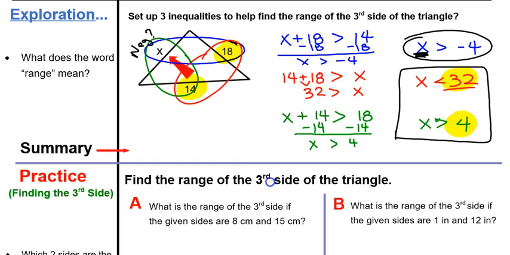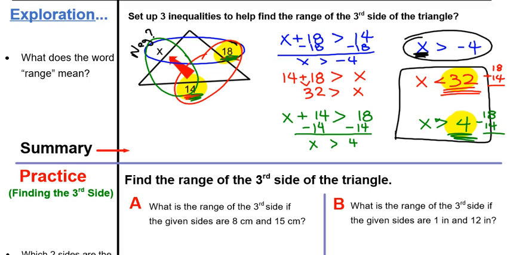If you notice, 32 is the sum of 18 and 14, and 4 is the difference of 18 and 14. So really, to find the range of the third side, all you need to do is add and subtract the two numbers that are given to you.